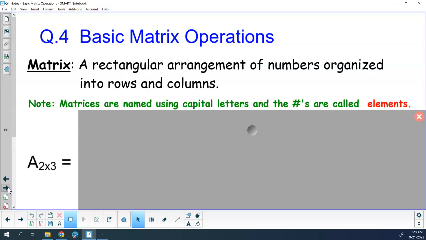So a matrix is a rectangular, that's key, arrangement of numbers organized into rows and columns. Rows by columns, very important. You'll find that later on as we get more involved.